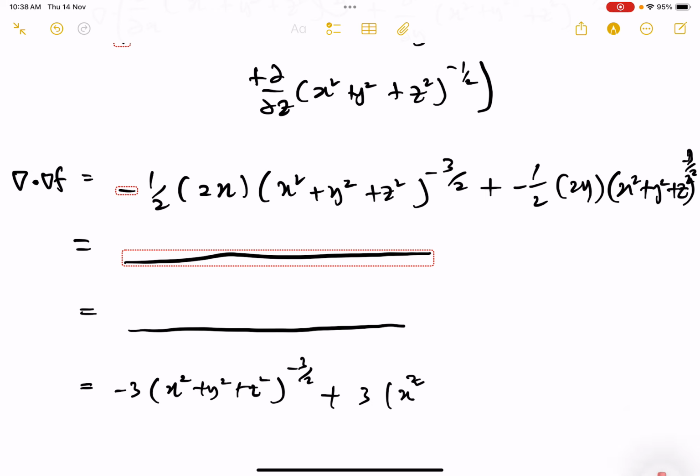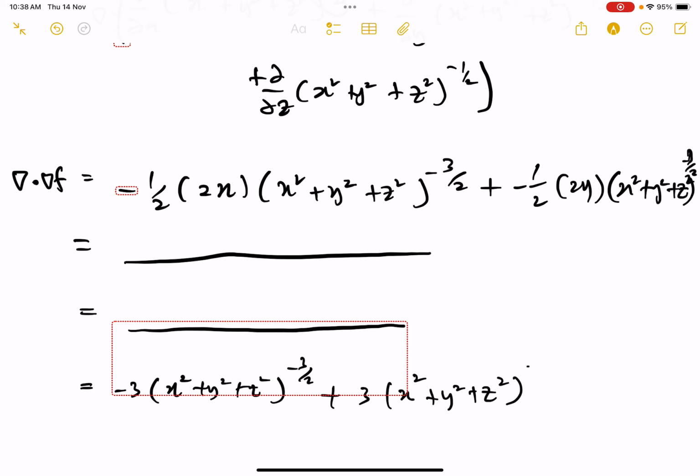The steps are quite long. I'm pretty sure you can derive it by yourself, but the answer will be like this. Quite a few steps here, because we have a power negative 3/2, but the coefficient is different.